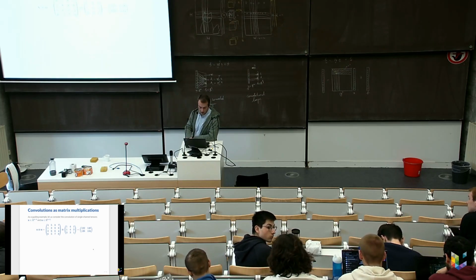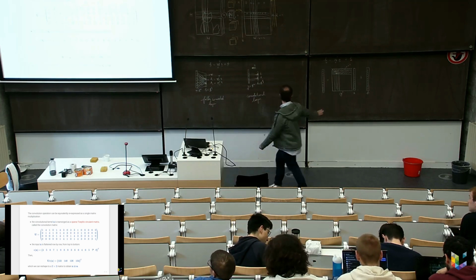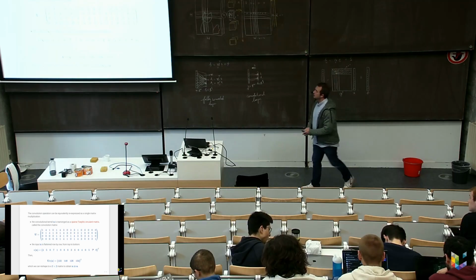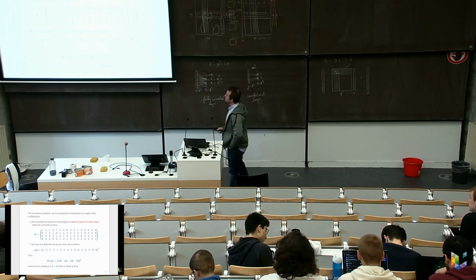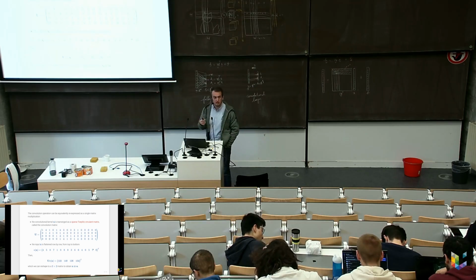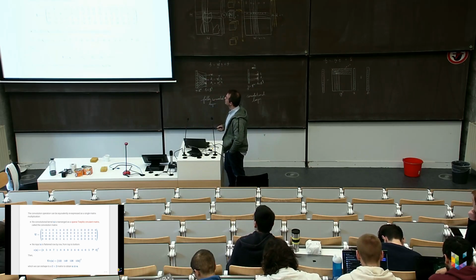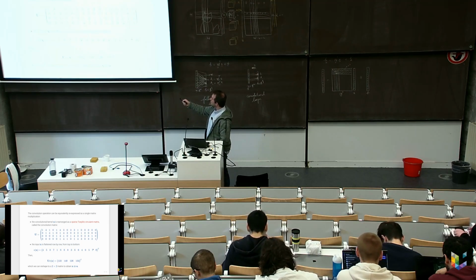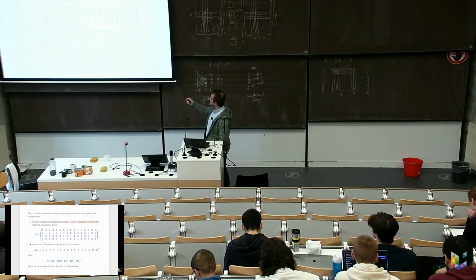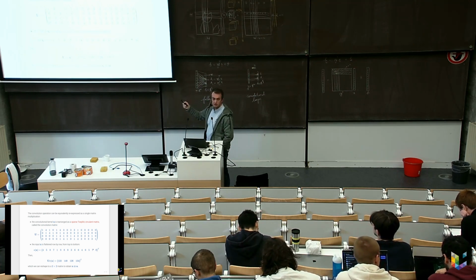You can re-express this in a similar way. What you need is to start from the convolutional kernel and rearrange it in what we call a sparse Toeplitz circulant matrix. The number of columns corresponds to the number of input elements.